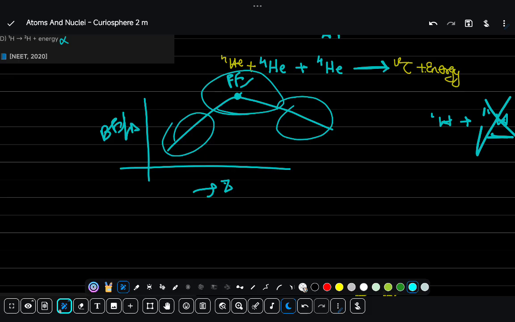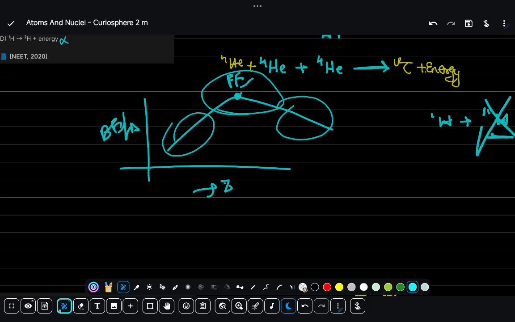For elements higher than iron, the stability is also not higher. What I mean to say is, iron has the right proportion of neutrons and protons such that its binding energy and the repulsive forces are balanced almost equally. They are balanced very well, right?